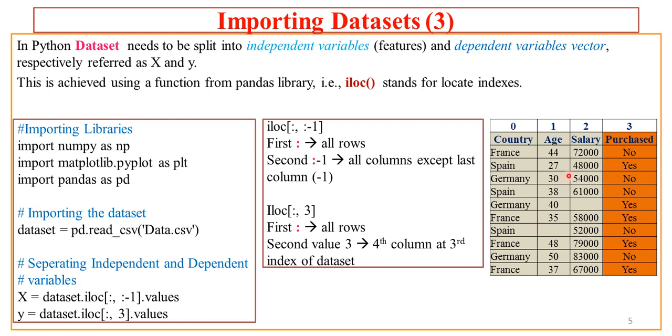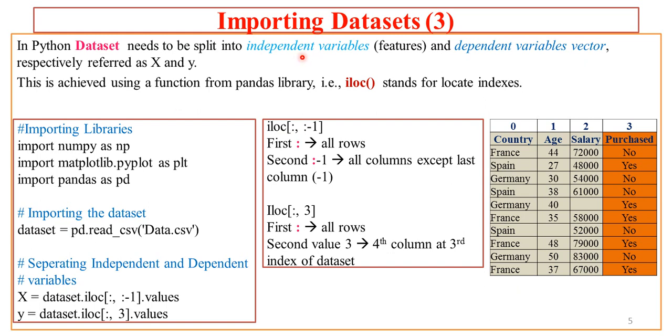So this way we can perform the analysis. These three factors will decide whether the client in future is going to purchase any product of the company or not. So let us try to explore this practically.